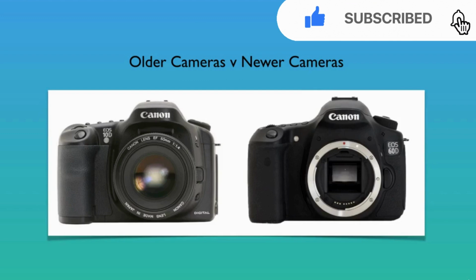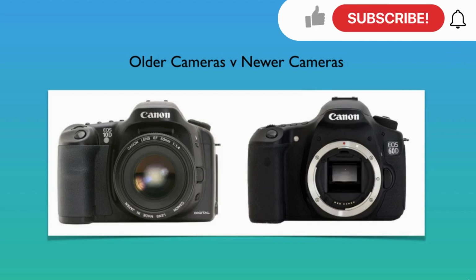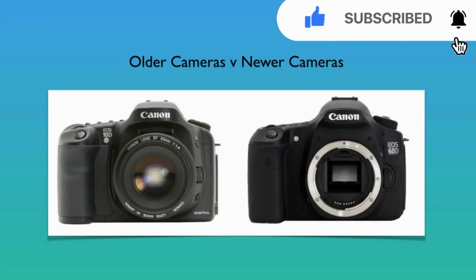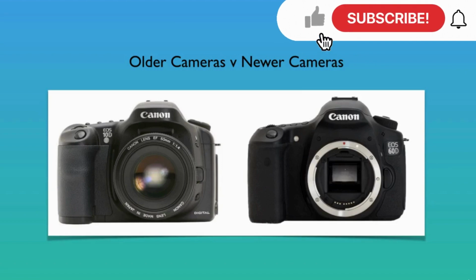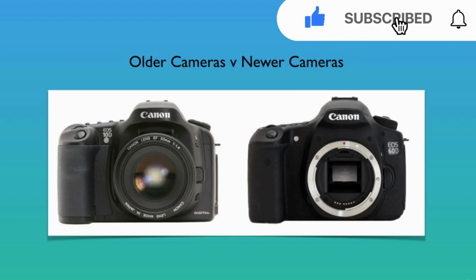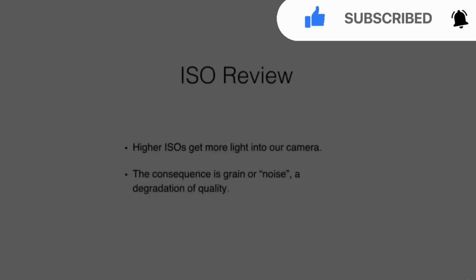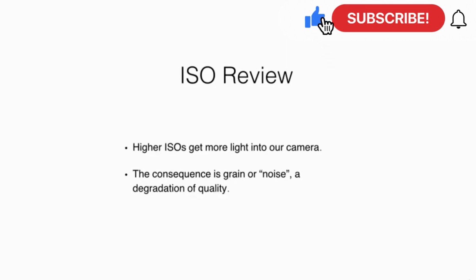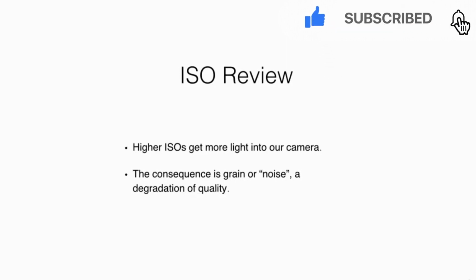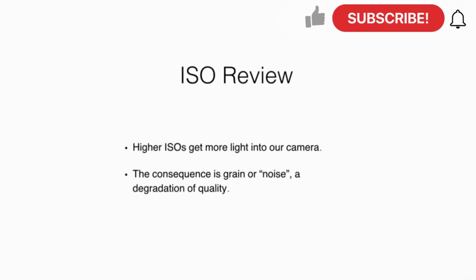But in the case of ISO, if you have an older camera that has a range of ISO 100 to ISO 1600, ISO 1600 is going to have a lot more grain than a newer camera that has an ISO range of 100 to 6400. As technology advances, so does the noise reduction software used. So it is definitely something to consider. To review ISO, higher ISOs get more light into our camera, and the consequence is going to be grain or noise, basically a degradation of quality.